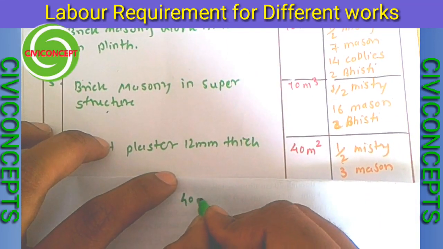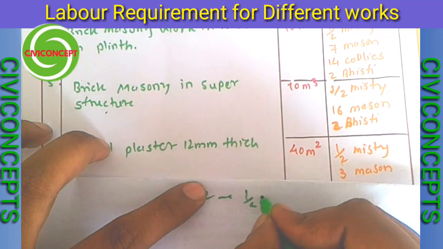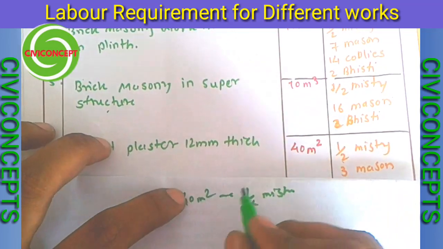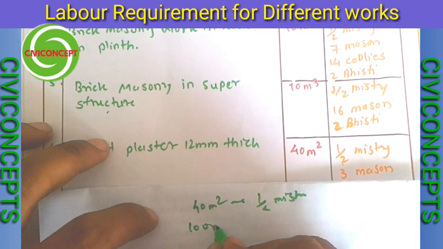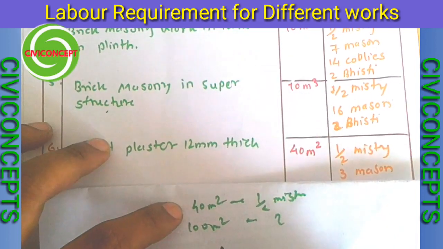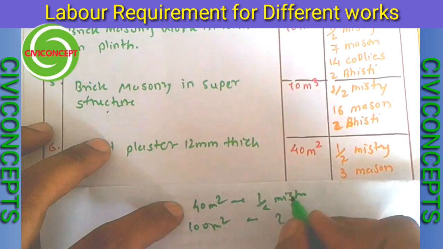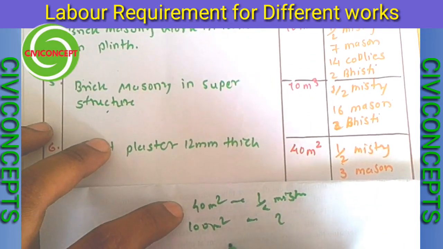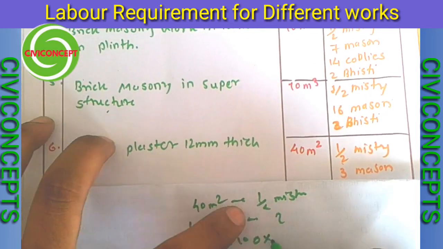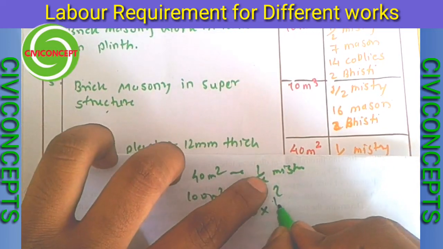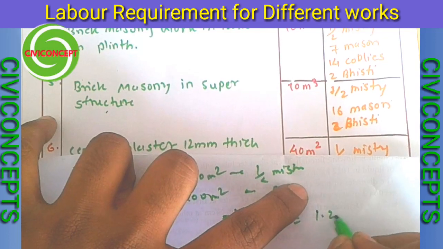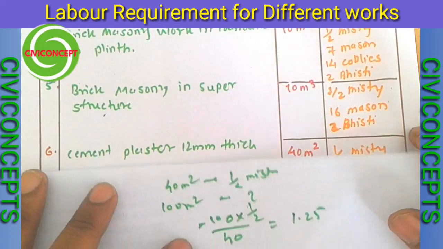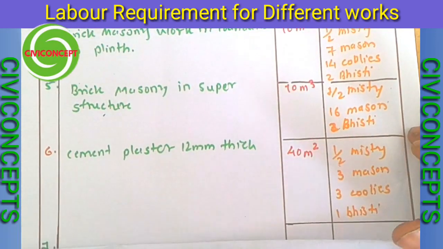For 14 meter square I require 1.5 mistri, so for 100 meter square it will be 100 multiplied by 1.5 divided by 14. It will become like 1.25. For 100 meter square I require 1.25 mistri.